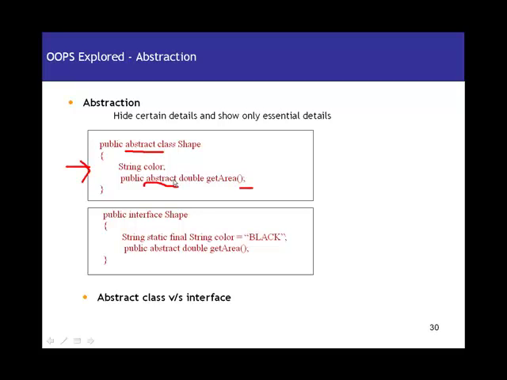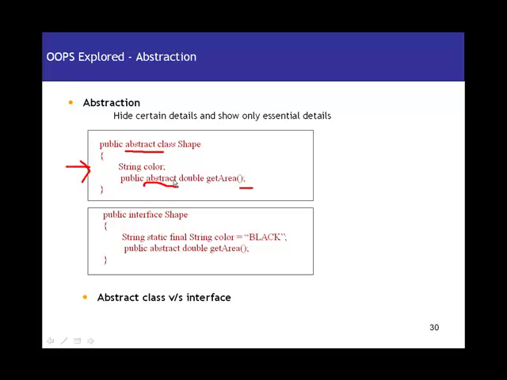I have different formulas to determine the area of the shape based on the type of the shape. So say for example, the area of a rectangle is nothing but length into breadth, and the area of a square is nothing but side square. The area of a triangle is half into breadth into height. So depending on the type of the shape, my formula to get the area of the shape also changes.